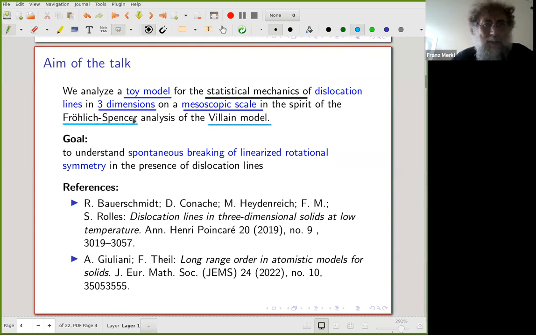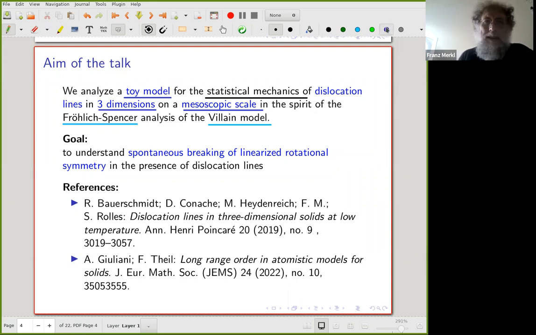So some ideas of the analysis are taken from there, but in a different model, in the Villain model, which is a scalar model rather than our vector valued model here.